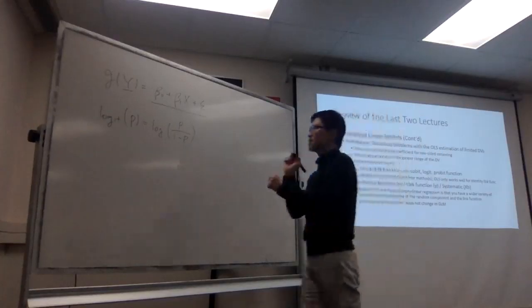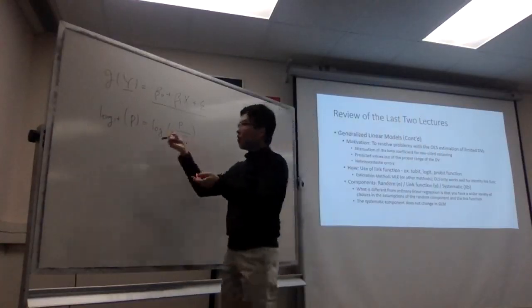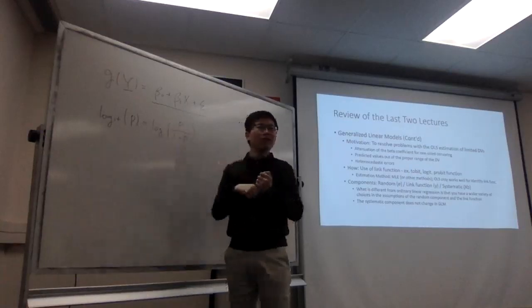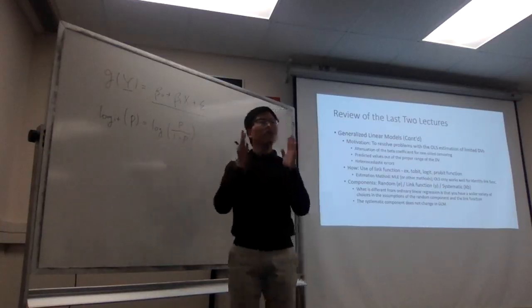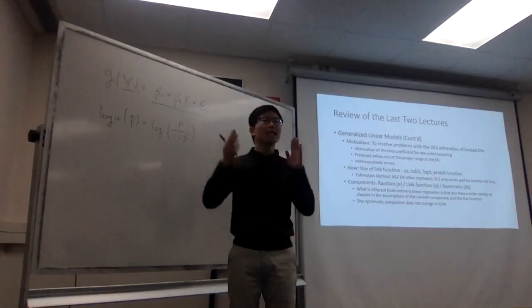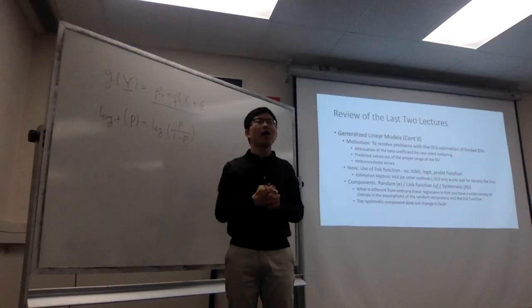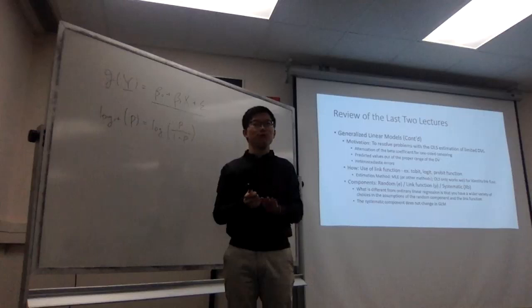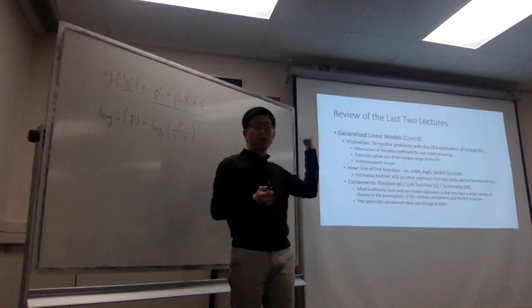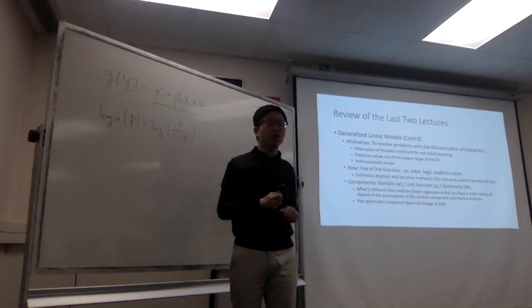So yeah, that's an example of a link function. Again, the point of using a link function is to let a limited dependent variable have an unlimited range. That's the solution here to resolve the concern that we just saw earlier.